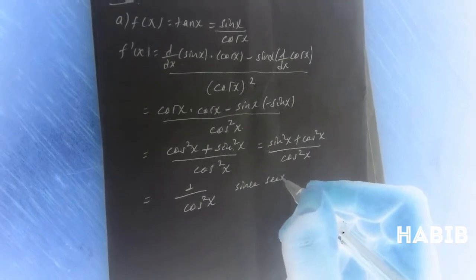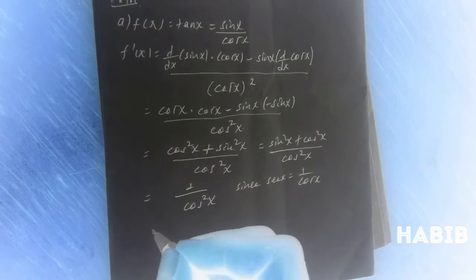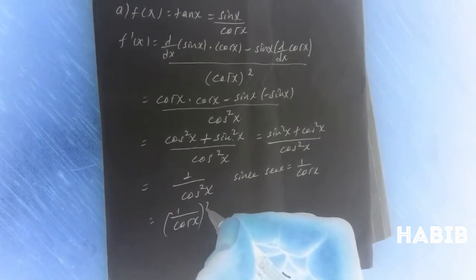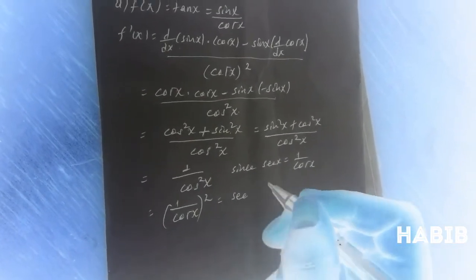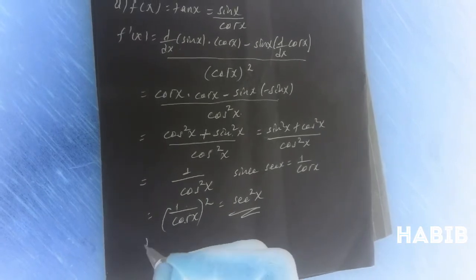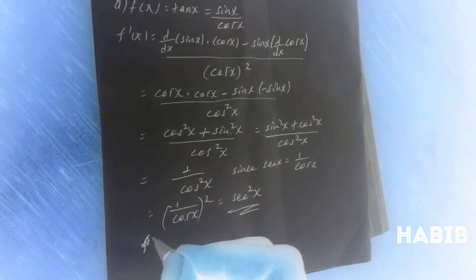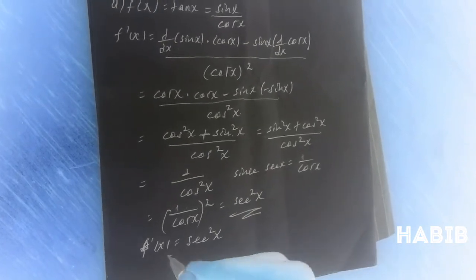Sin square x plus cos square x is 1, because it is a trigonometric identity, so we get 1 over cos square x. Since sec x equals 1 over cos x, this means 1 over cos x the whole square, which equals sec x the whole square.